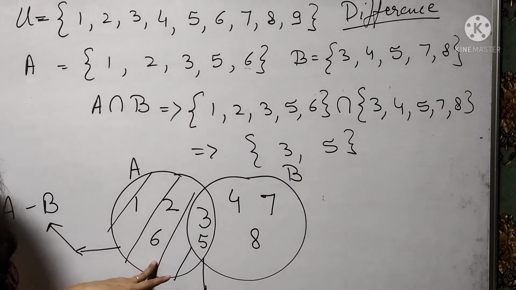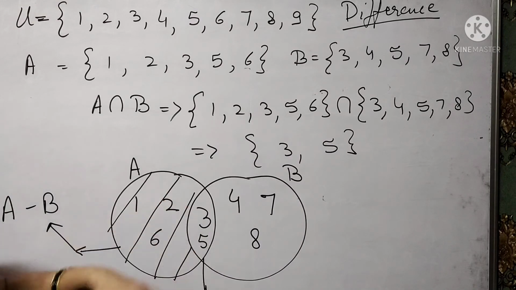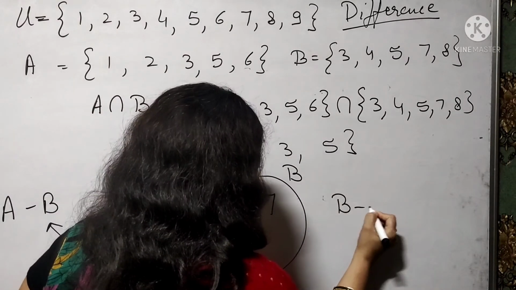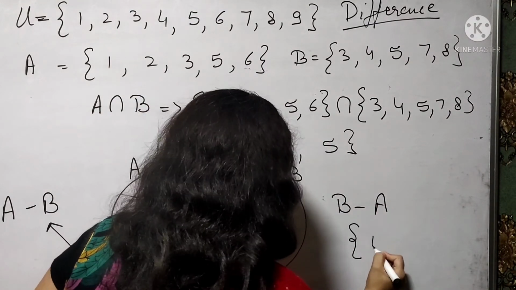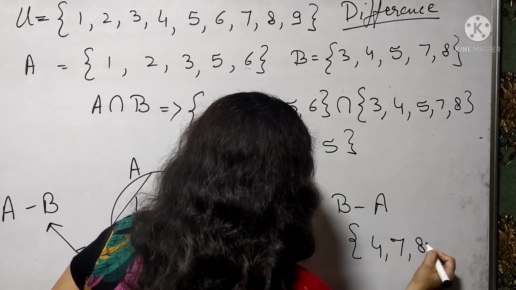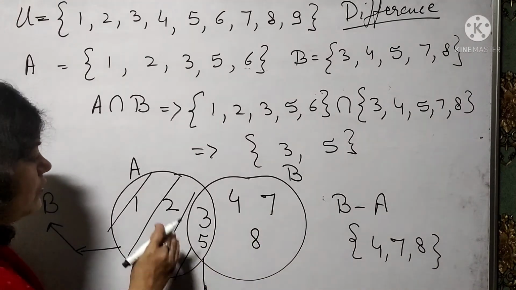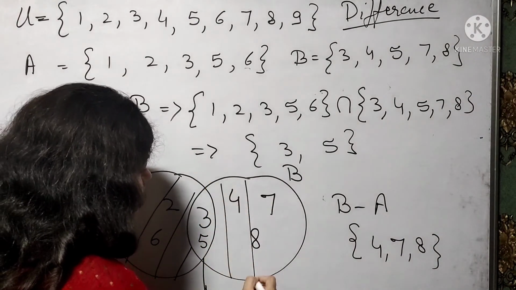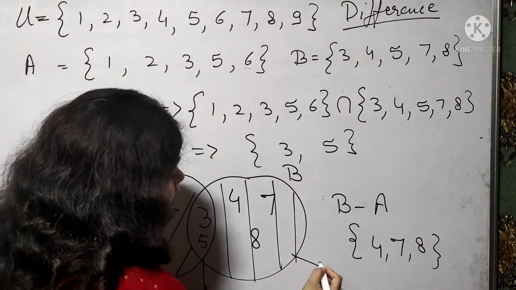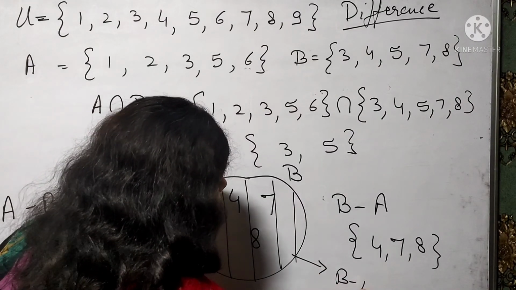Similarly, when you find the answer for B minus A, you can check it in your notebook, you will get 4, 7, 8. So this portion represents B minus A.